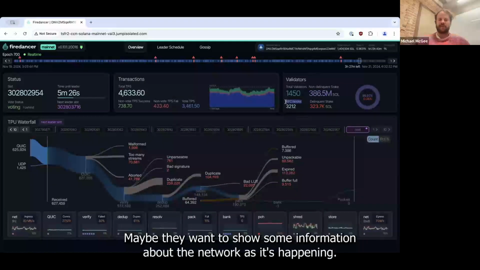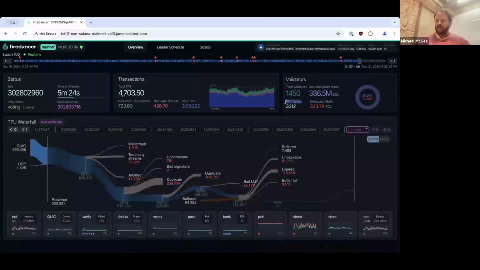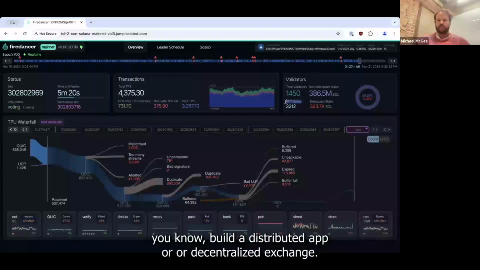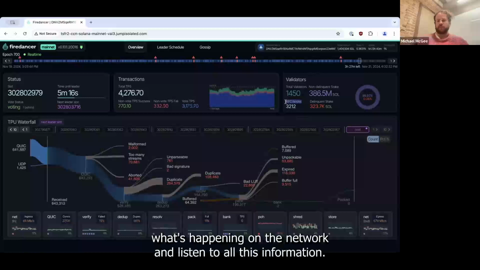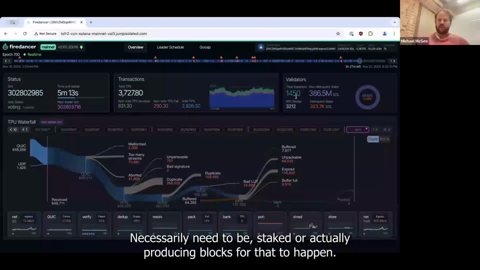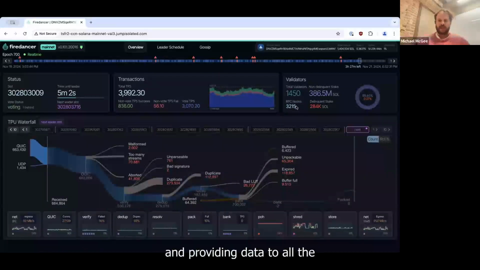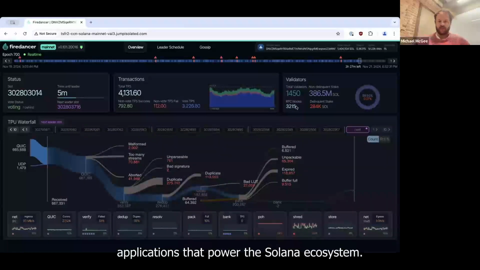Maybe they want to show some information about the network as it's happening, show some data, or build a distributed app or decentralized exchange. So they're going to need to learn what's happening on the network and listen to all its information. But they don't necessarily need to be staked or actually producing blocks for that to happen. So here we can see there's about 3,215 active RPC nodes listening in and providing data to all the applications that power the Solana ecosystem.